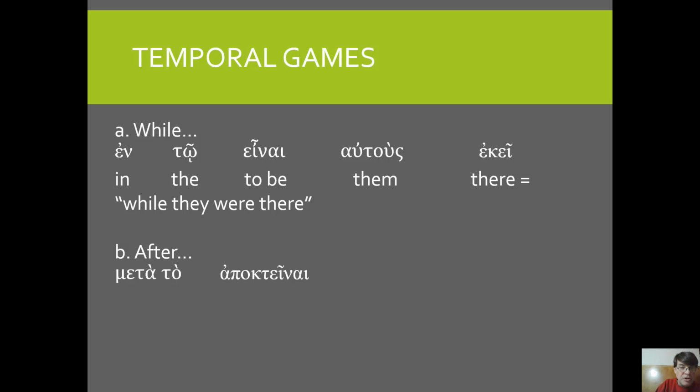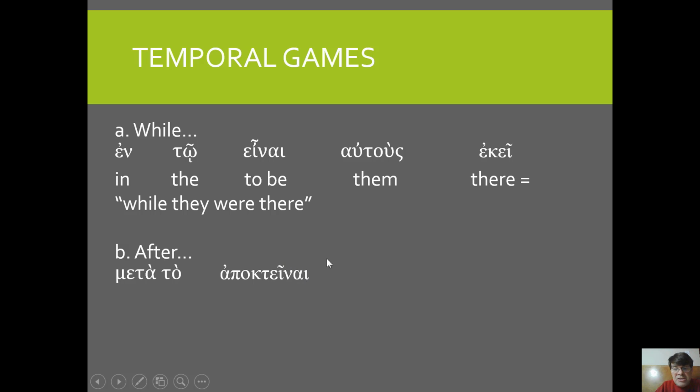So meta with the accusative is a preposition that means "after." There's a neuter singular article on the infinitive. Six out of the seven infinitives end in -ai. You'll also know, if you're watching this video probably, that this is a liquid verb that doesn't do sigmas. It's a liquid verb, and liquid verbs don't do sigmas, that's why there's no sigma there.